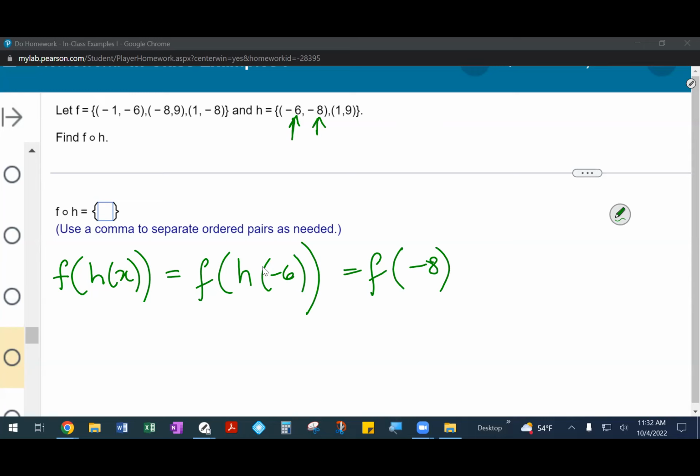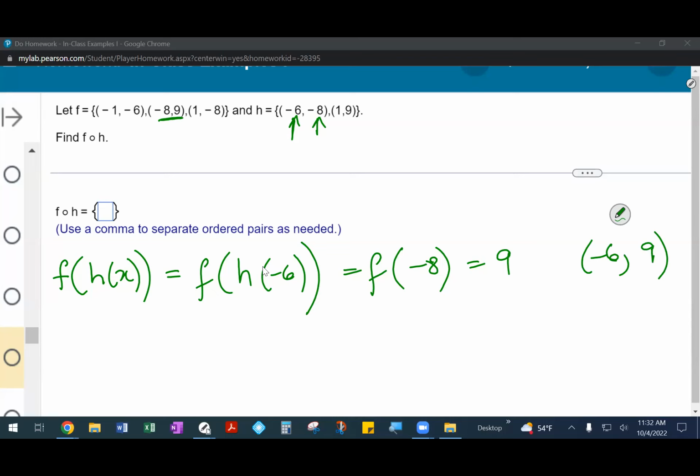Very nice, because this is the ordered pair it takes you to. So you are going to end up with 9. For this ordered pair of the new function, the composition that we are creating, you started out with -6 as your first x value, and by the time you simplified the whole composition, you got 9 as your answer.